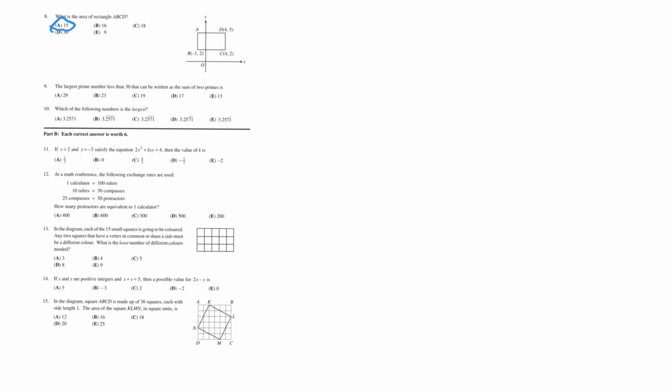Number 9, the largest prime number less than 30 that can be written as the sum of two prime numbers is... First, let's list all the prime numbers less than 30, because the largest prime number we start from is 29, from larger to smaller: 23, 19, 17, 13, 11, 7, 5, 3, 2.